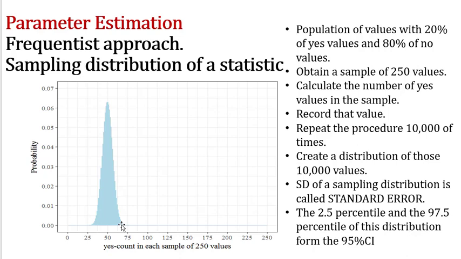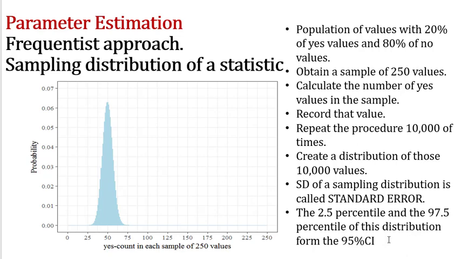So we use the 2.5 and the 97.5 percentiles of the distribution to create an interval estimate. If the mean of the distribution is 50, that's the point estimate, and the 2.5 and the 97.5 percentiles will create what we call the 95% confidence interval, and that would be our interval estimate.